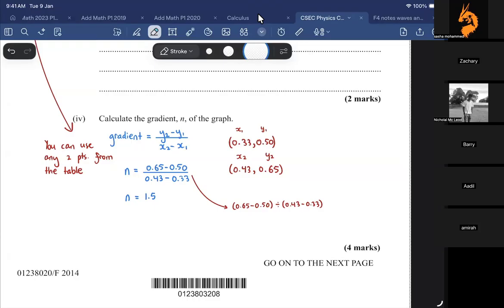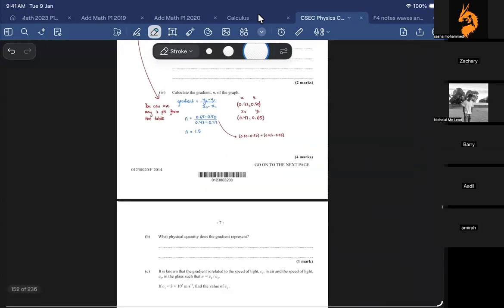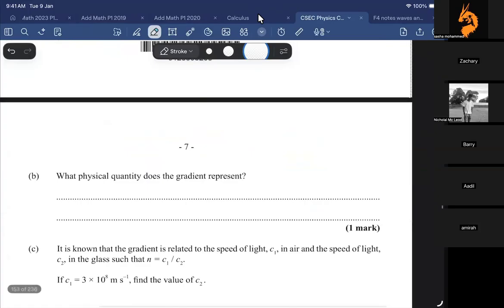Do you understand that? Yes, sir. Now they're asking us part B: what physical quantity does the gradient represent? It's just the refractive index.